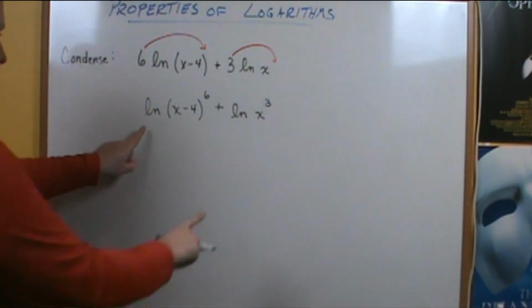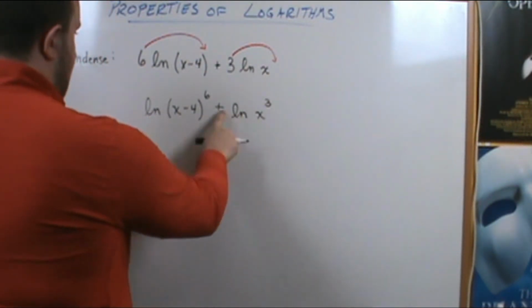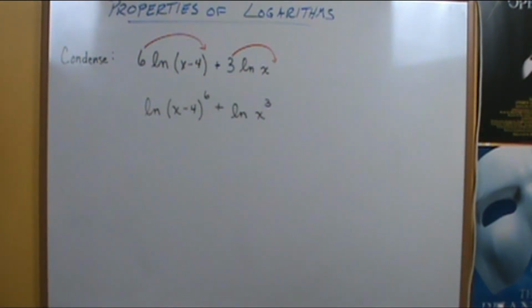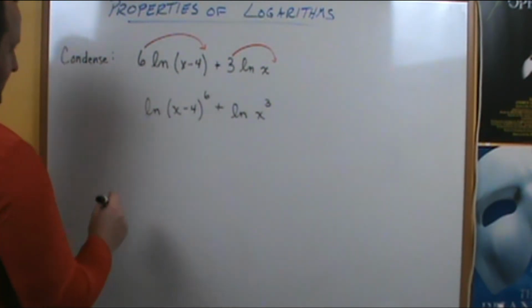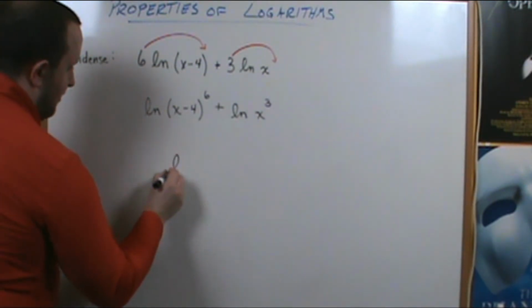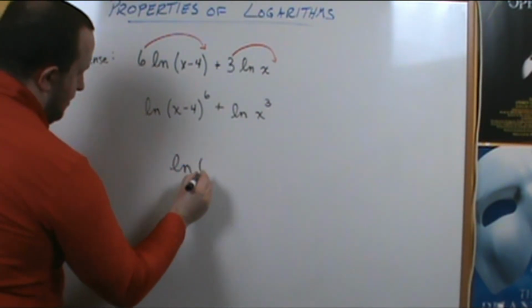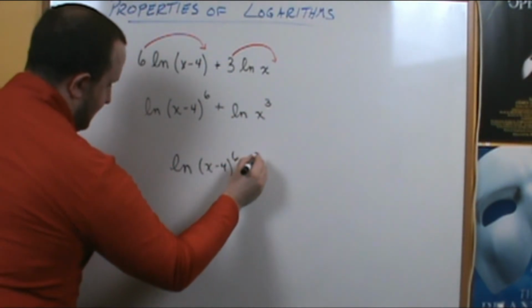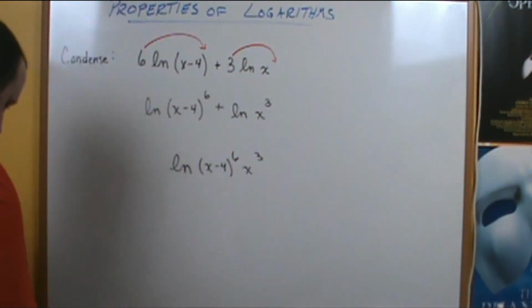And notice here we have two natural logs with an addition, so that's going to tell us that we're going to use the product property of logarithms, and we'll get ln of x minus 4 to the 6th times x cubed.